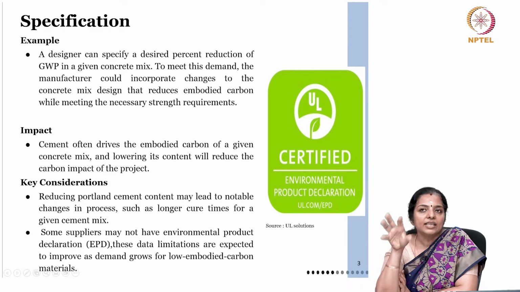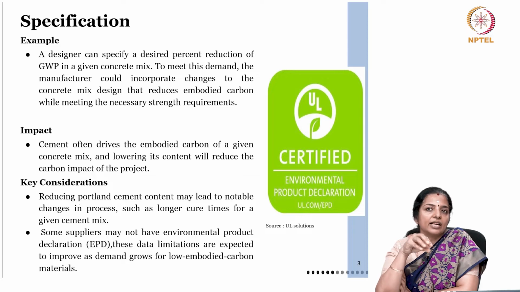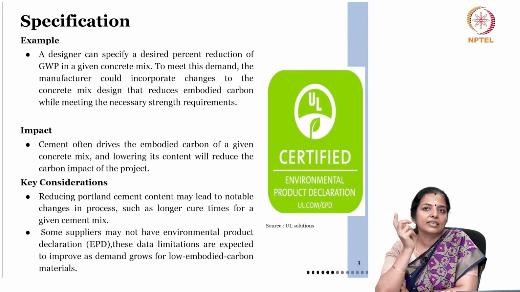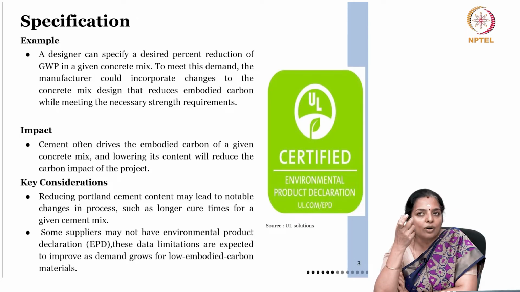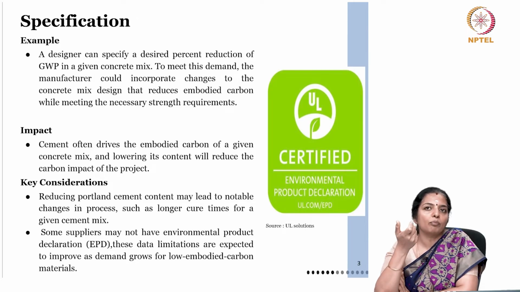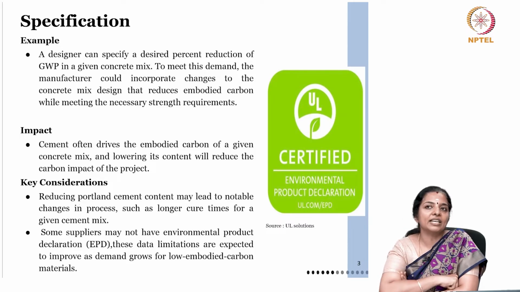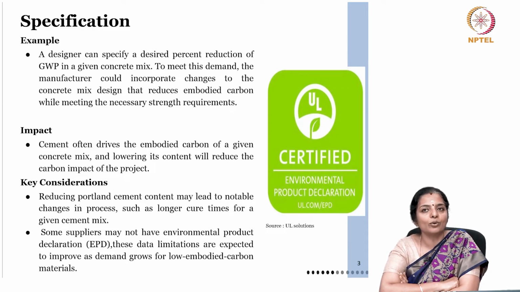So, these changes can include lowering the ratio of, say, I am taking another example. Suppose you take cement, then your choice to lower Portland cement, incorporating supplementary cementitious material or using aggregate will result in lowering the total embodied carbon.